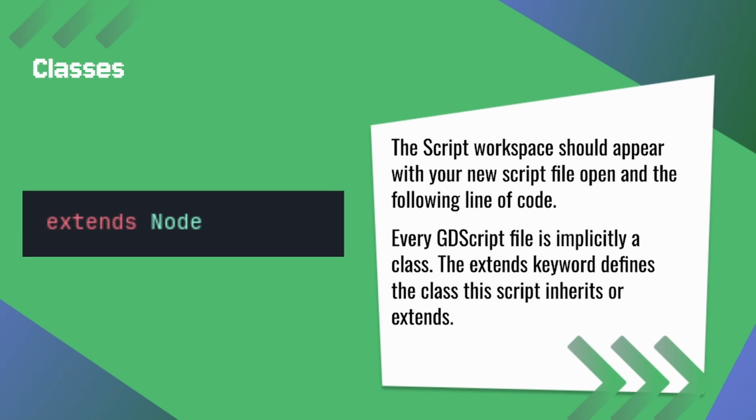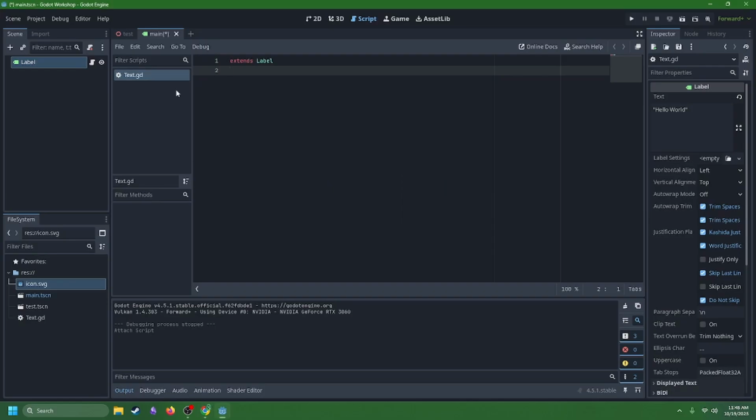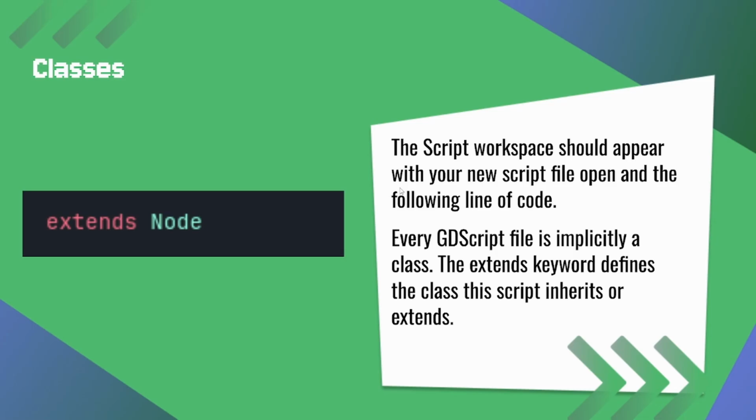So the script workspace should appear, and you should see the following line of code. It says extends node, but depending on what node you make the script on, it'll change. On ours, it said extends label, as you can see. Every GDScript file is implicitly a class, and the extends keyword defines what class it is. Since we made the script on a label, it'll make a script with a label class.